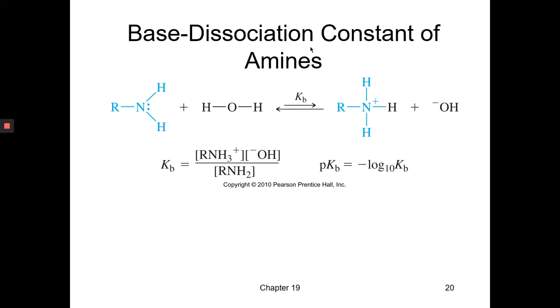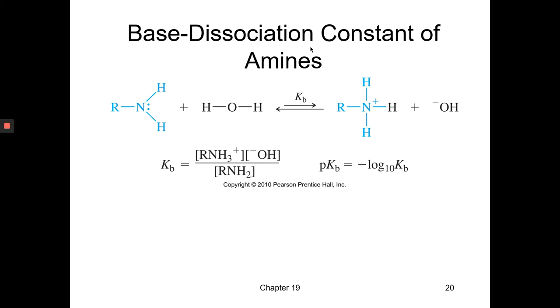We can quantify how weak or strong a base is using this equilibrium constant called the Kb. And here we have an amine reacting with water to form the ammonium ion and hydroxide.